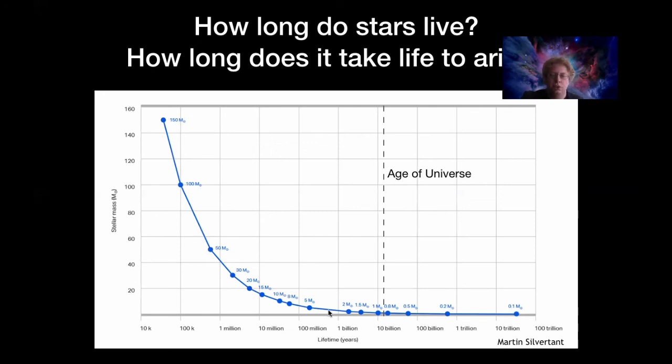So, in terms of looking for life in other solar systems, we may want to focus on stars with relatively low masses, because those are the ones that are going to last long enough for life to arise before the star eventually runs out of fuel and no longer can warm the planets.